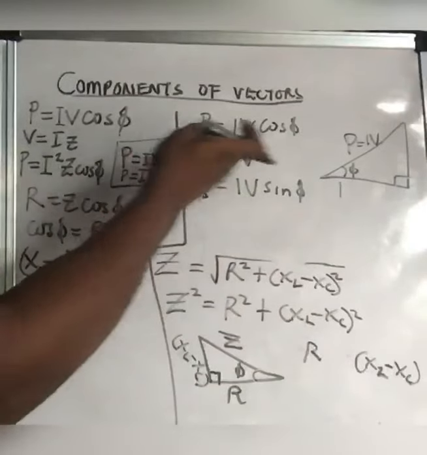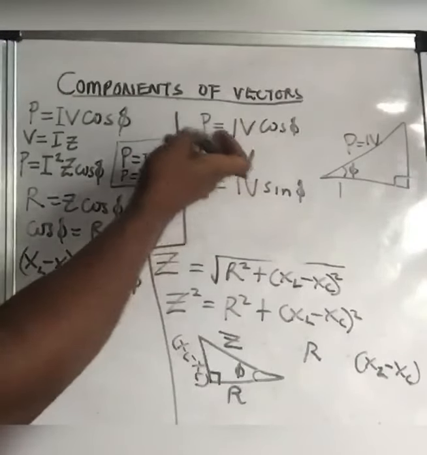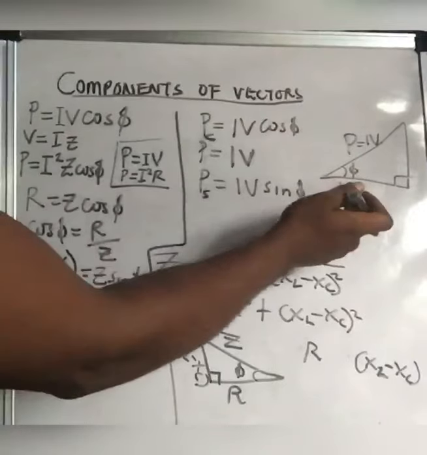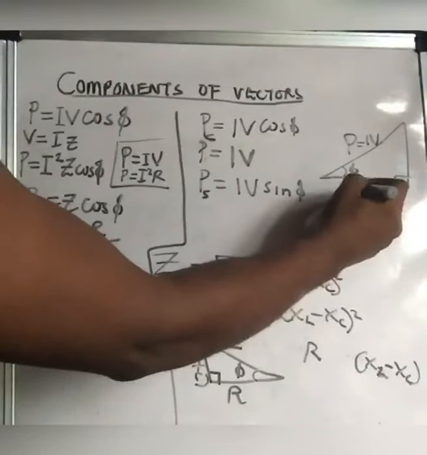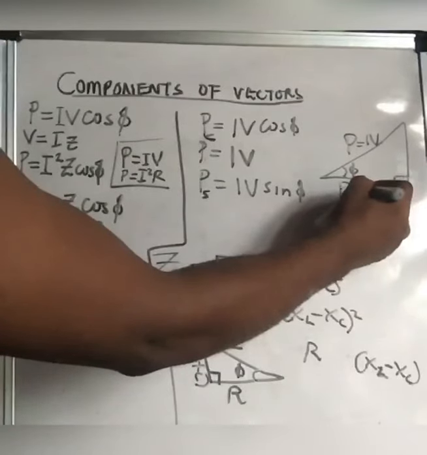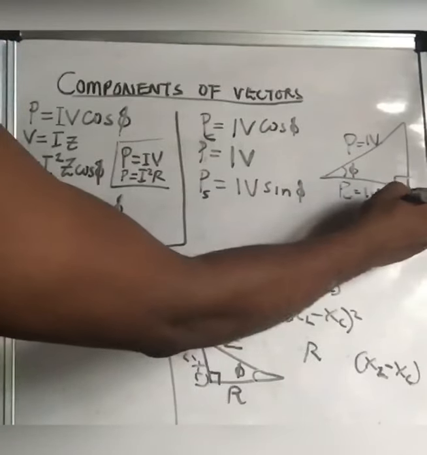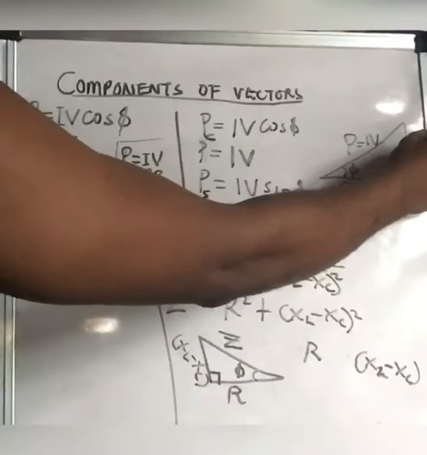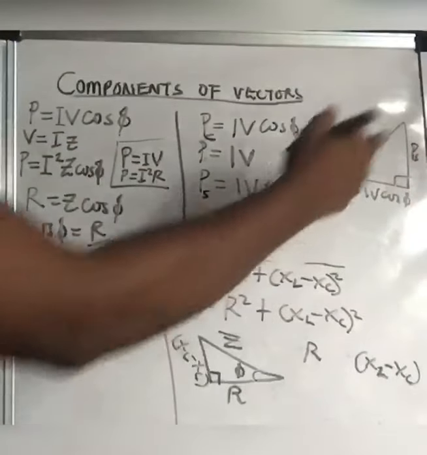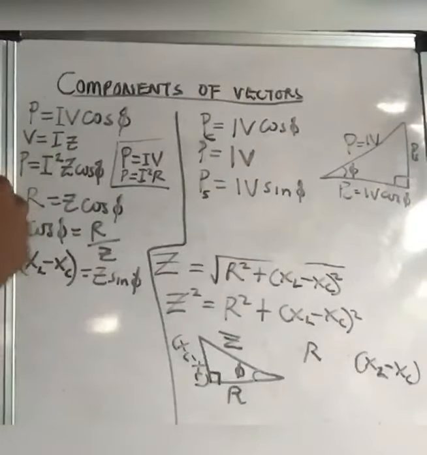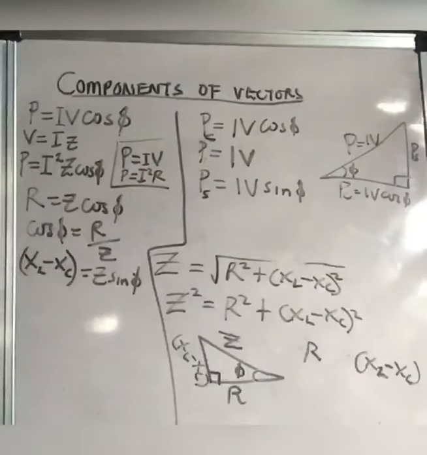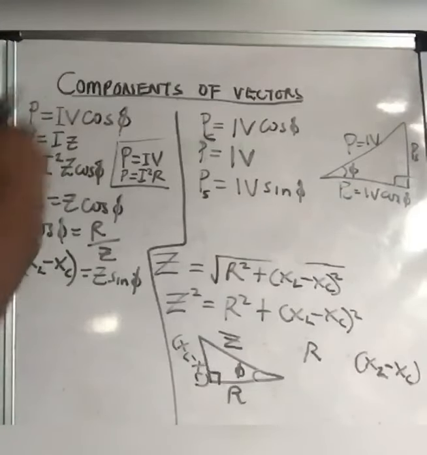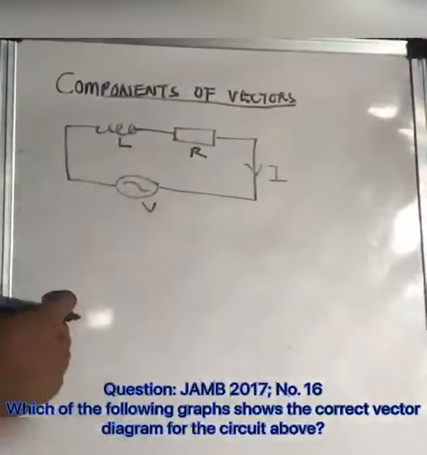Even from its relationship, since it's the cos component, it has to be adjacent to the angle. So PC is here, then PS is there. So we have this and this from the application of components of vectors in alternating current circuits.